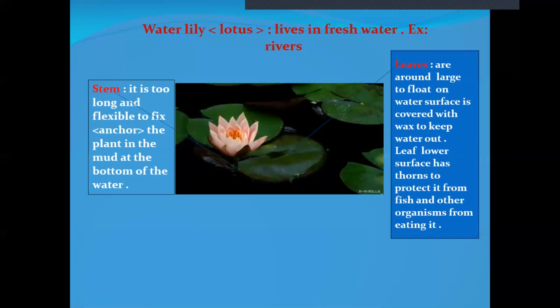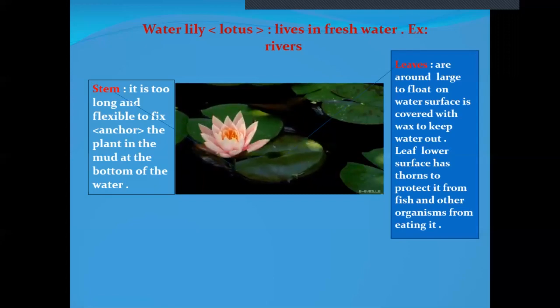Okay? And the stem of water lily is flexible and long. Think with me, why? To fix it in the mud at the bottom of the water. So water lily has two traits.